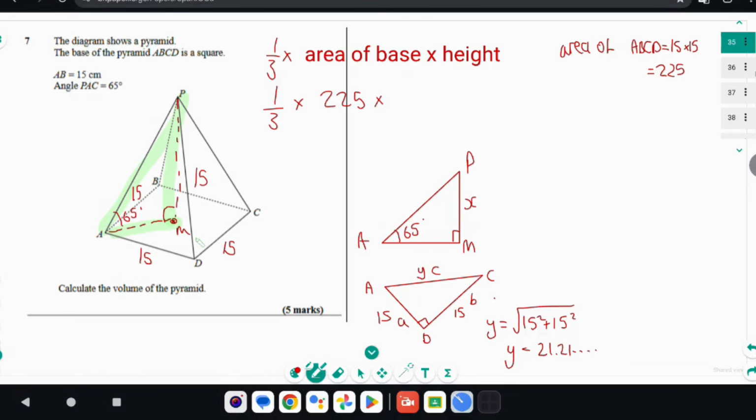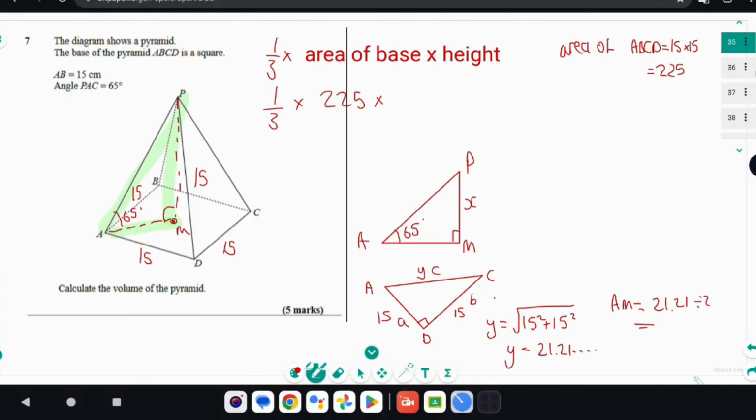That's the whole length AC, so we need to halve it to get AM. 10.6, using the whole answer on my calculator.